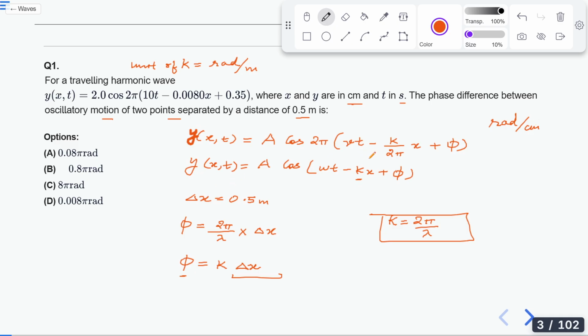So either you convert the unit of k from radian per centimeter to radian per meter, or you take this distance 0.5 meter to be 50 centimeter, and then calculate the phase difference from this equation.